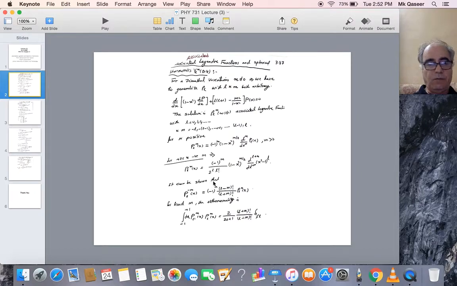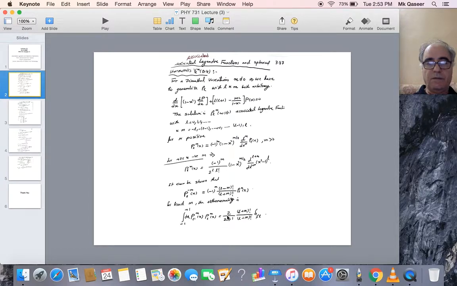It can be shown that P_L^(minus m) of x is given by this expression. The orthogonality relation, the orthonormalization condition, is given by this expression: integration from minus 1 to plus 1 dx, where x is cosine theta, of P_L'^m times P_L^m of x, where m is the same m for the mth order.